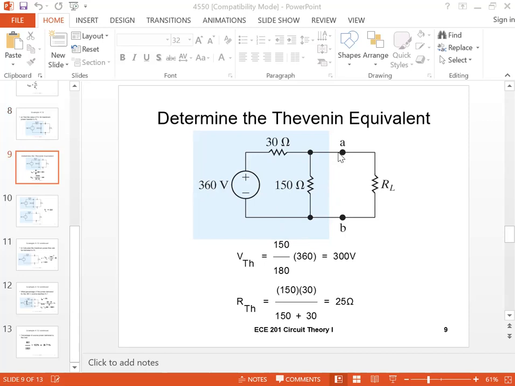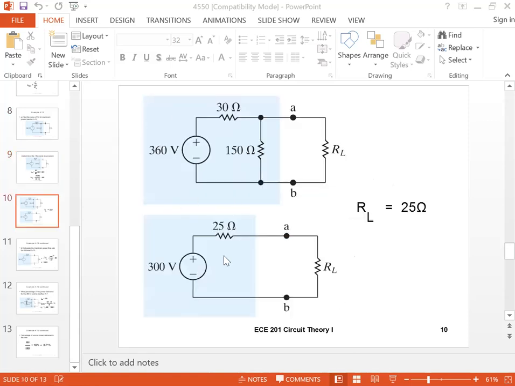If we calculate, these two resistances are in parallel. So by calculating the parallel resistance, we will have 25 ohm. So our final Thevenin equivalent circuit will be 300 volt with 25 ohm in series.